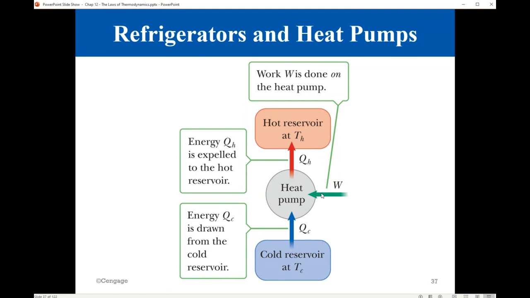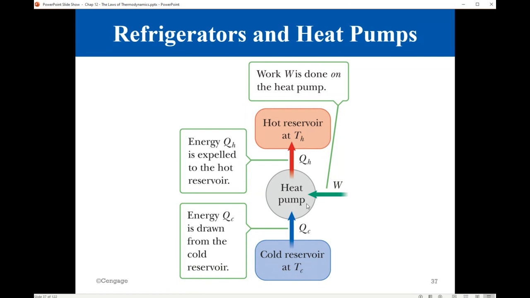Okay, so the motor of the refrigerator here uses electric energy to take the energy from the cold reservoir at temperature TC and dump it to the hot reservoir at temperature TH. So as you can see here, this engine will never work by itself except if you provide the needed work from this external source.